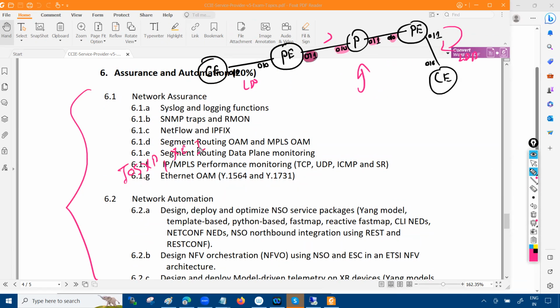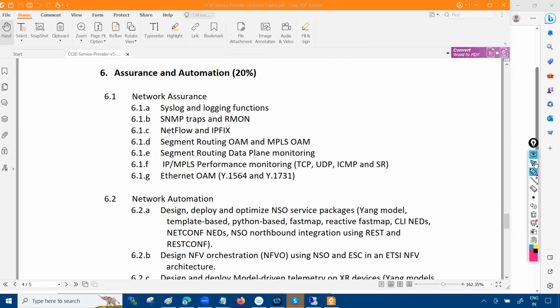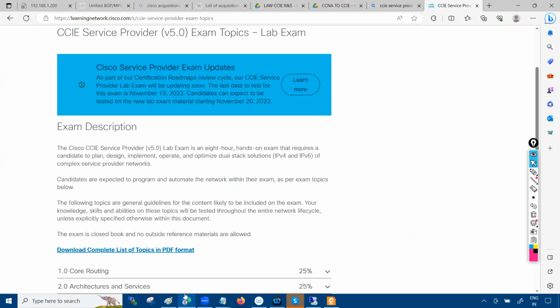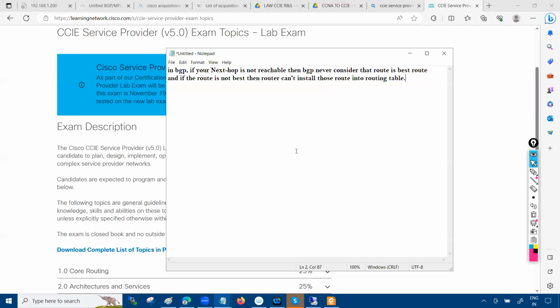IOS XE and IOS XR. All the training and all the practicals that we are going to do will be on IOS XE and IOS XR, so that you can easily correlate things, which one is good, which one is bad, and how the configurations differ from each other.